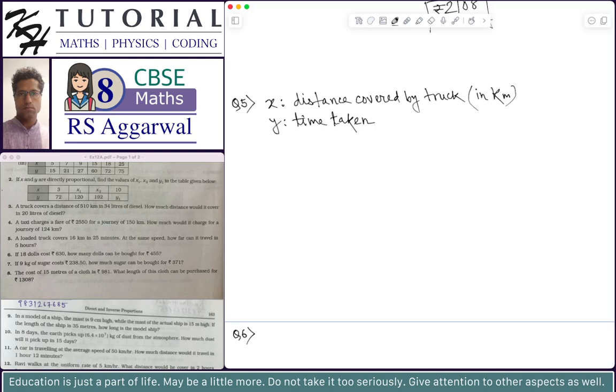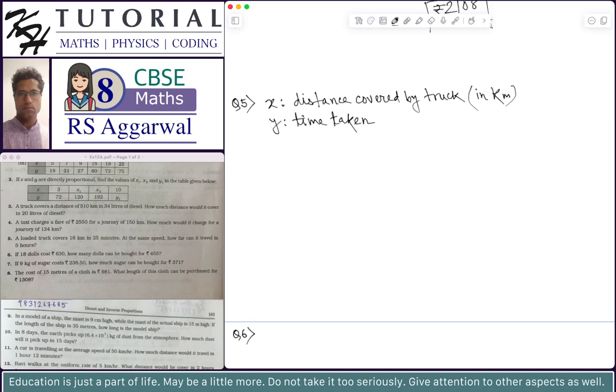Now, this concept: when the truck is moving at a constant or uniform speed, then only the distance covered and the time taken are in direct proportion.